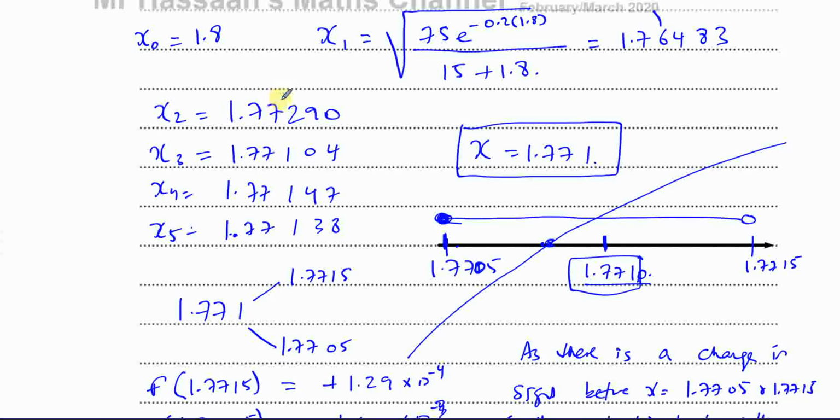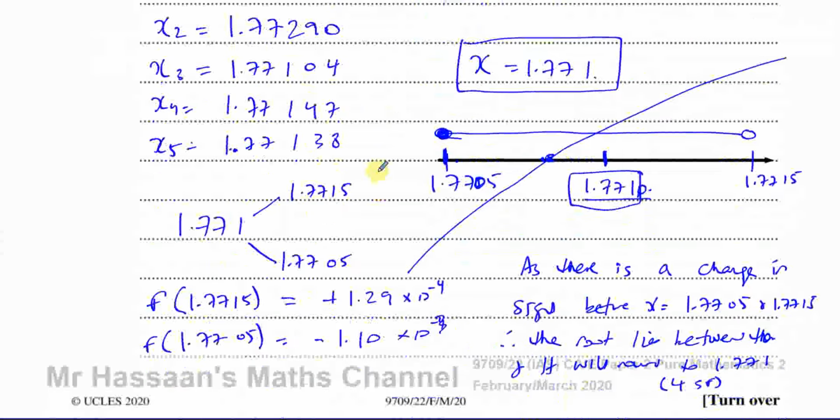You can actually just do the iterations until things settle down. Just write down the values and then round it to 4 significant figures as they ask you to do here. Or you can prove it if you realize it's going to become this value. You can prove it by finding the upper and lower bounds of what you think is the answer, and then showing that the upper and lower bounds give you a change in sign, which means that they will round to this value.